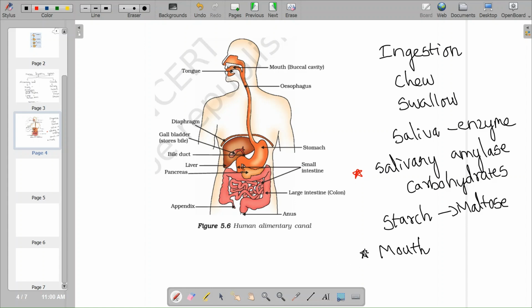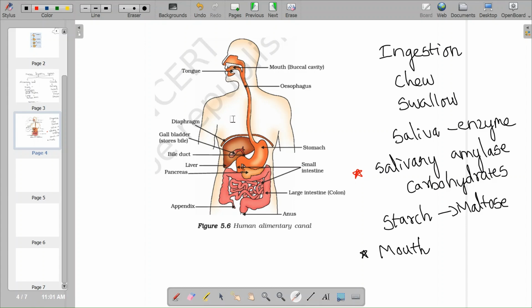Then after ingestion, we chew the food and swallow it. While swallowing, the food passes through the esophagus and finally reaches the stomach. So in our digestive system, through the esophagus, the food is moving towards the stomach.